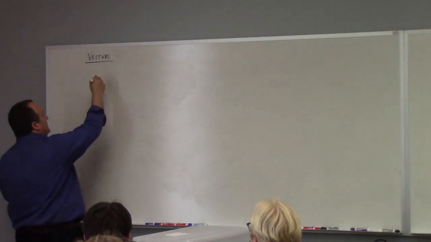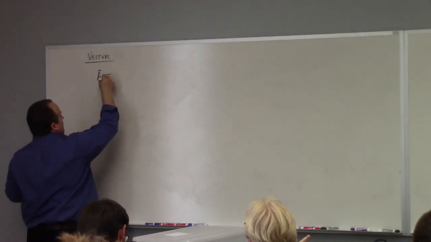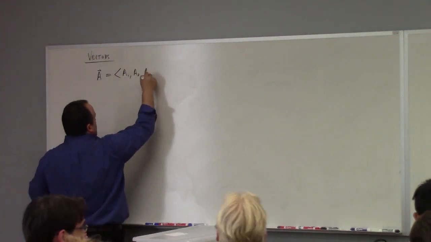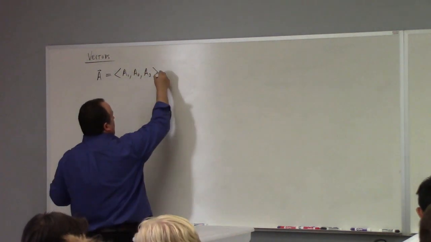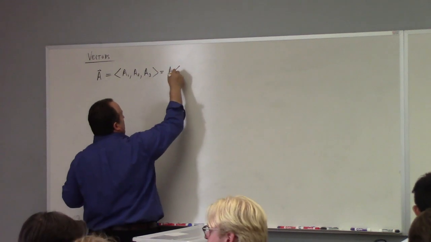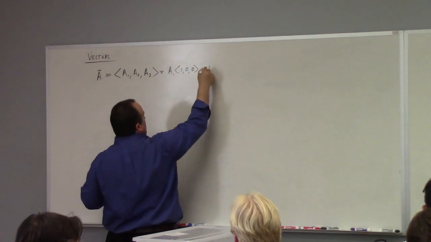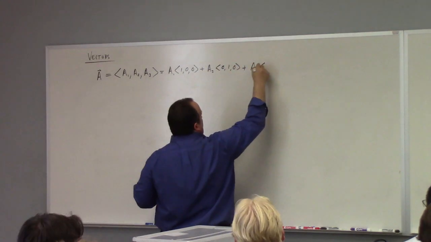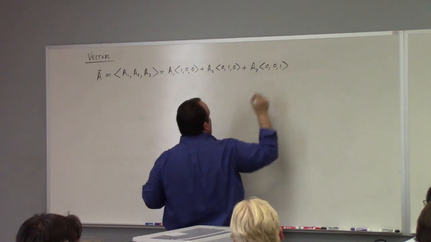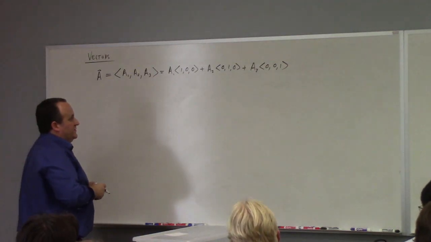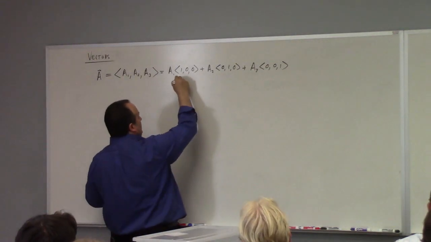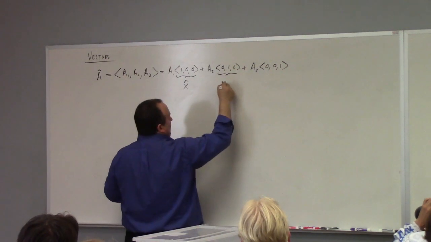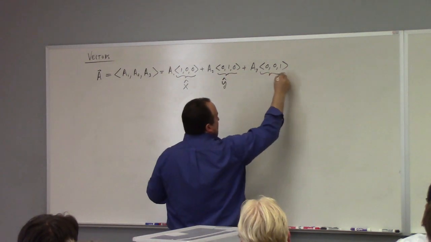A vector we can write this way, or if you like, you could write that as A1, like this, right? The notation that Griffiths uses, and I will use as well, is that this is x hat, this is y hat, and this is z hat.